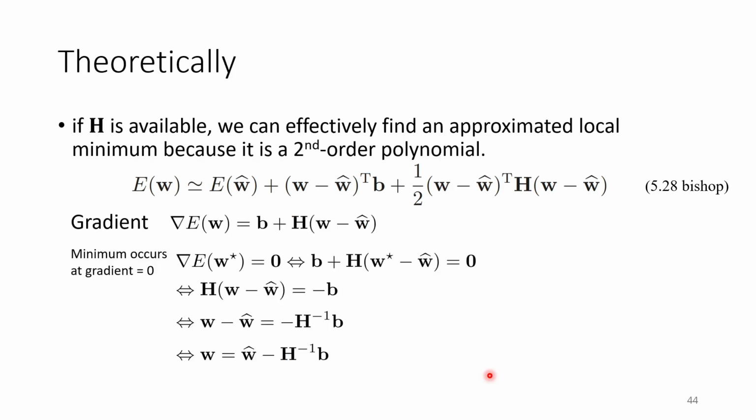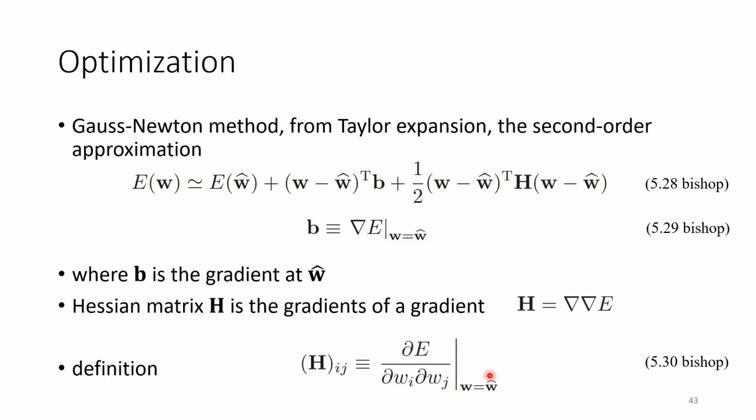However, if the Hessian function is available, then we can effectively and quickly calculate the local minimum, because this is the second order Taylor expansion.